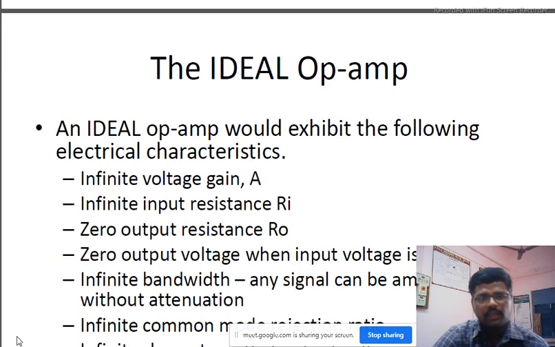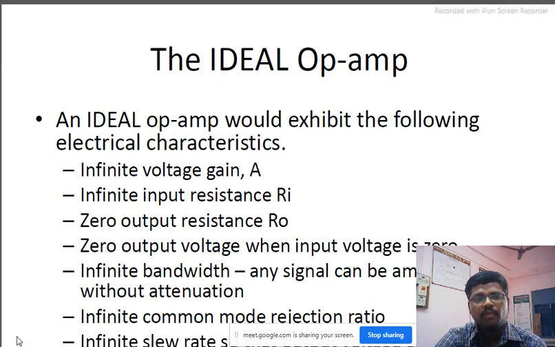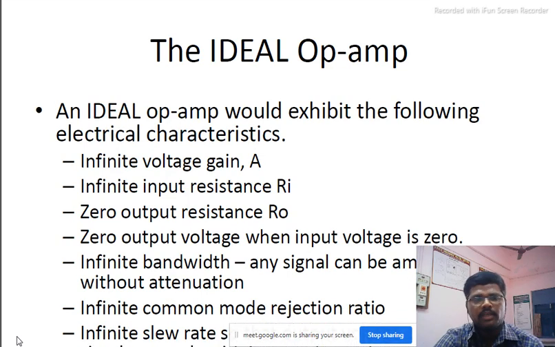Next one is the ideal op-amp. What are the characteristics of an ideal op-amp? It is very important for your examination also. An ideal operational amplifier would exhibit the following electrical characteristics.